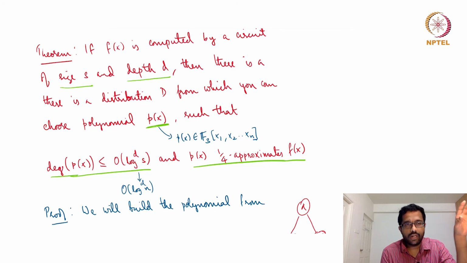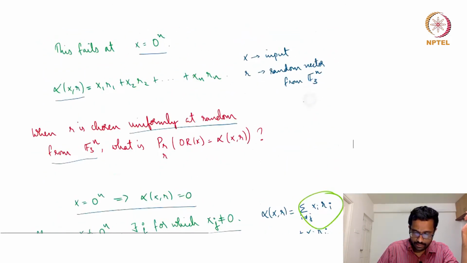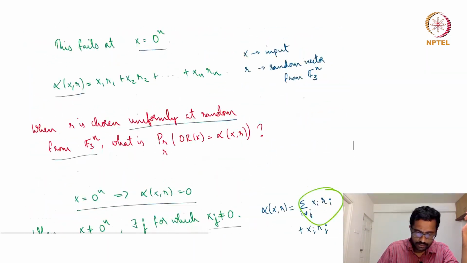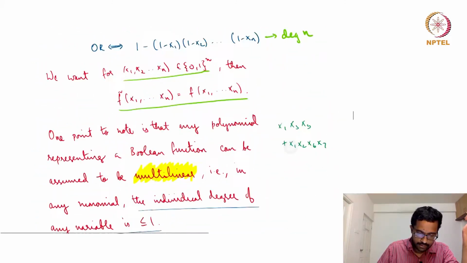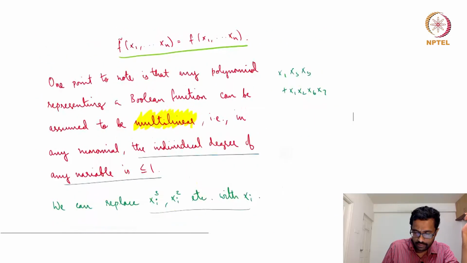We have shown how a polynomial chosen from a polynomial family, from a distribution, can 1 by 4 approximate it, where the degree of the polynomial is log s whole power d. So this is how we get that. This is like the first bullet point here: every AC0 function can be approximated by a low degree polynomial over F3.